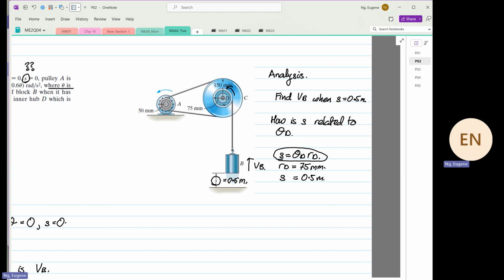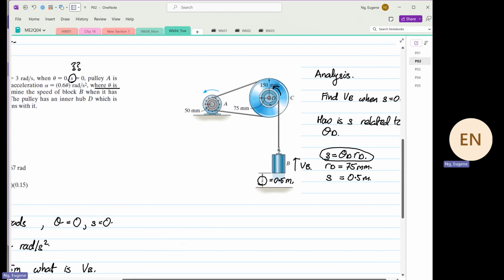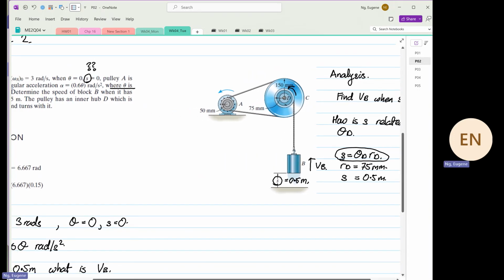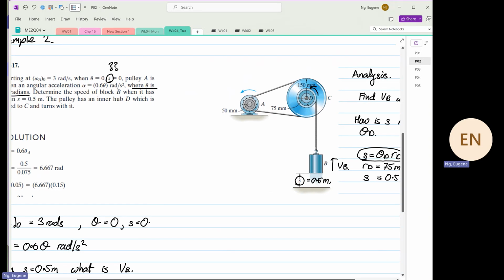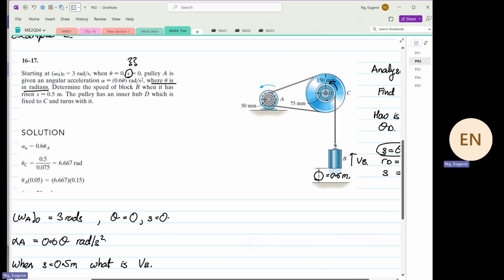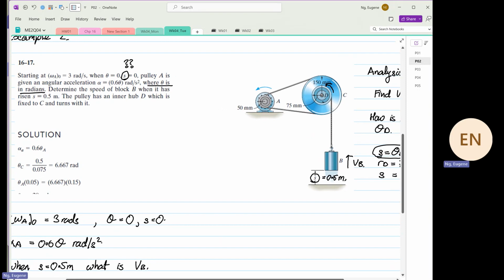The next confusing part is this. Okay, the next confusing part is this. Now, before we talk about the next confusing part, we are going to write out what are the formulas that we can use.